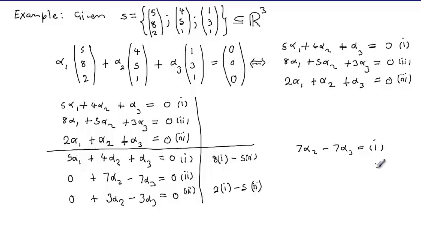And then our equation 2, we decide to eliminate alpha 2 here, which you can do by saying 7 times equation 2, in this case I'm talking about equation 2 at this point, minus 3 times equation 3, which will give us 0 here and 0 there equals 0.